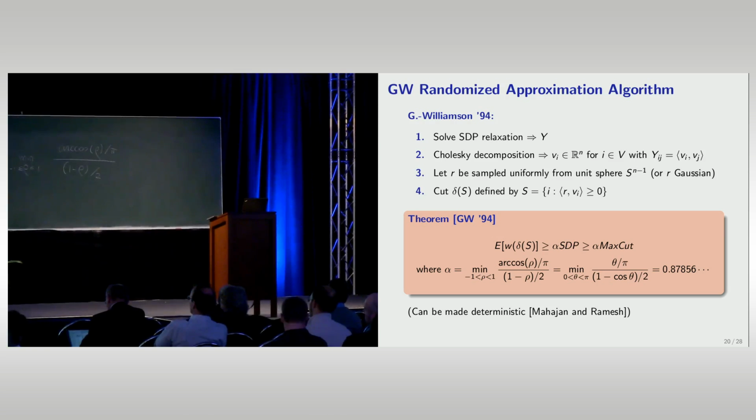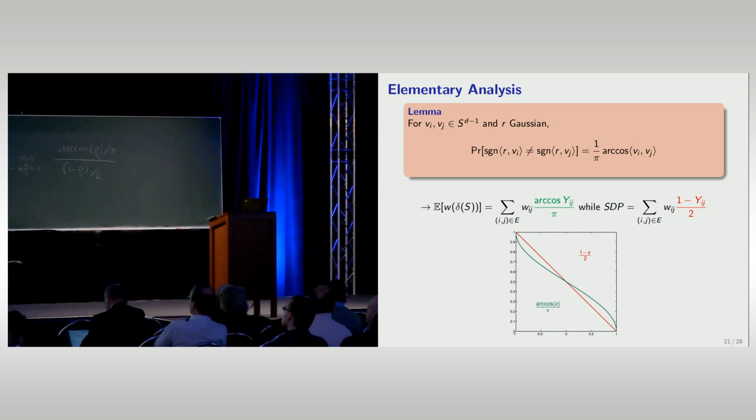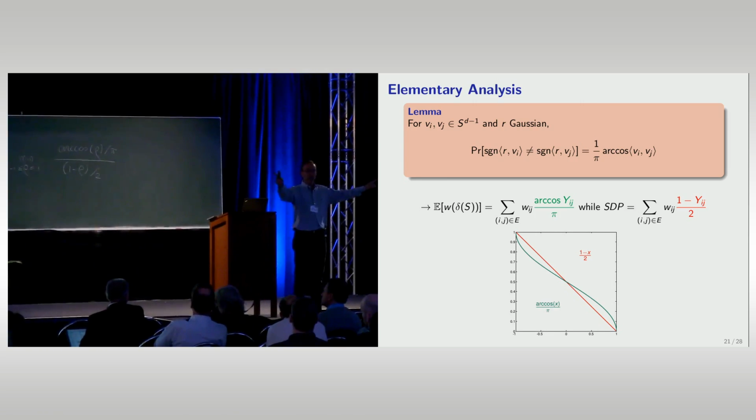Okay? Let me show you the analysis. The analysis is trivial. What's the probability that an edge is part of my random cut? You take the corresponding two vectors, Vi and Vj, you're in n dimensions, you generate a Gaussian, and the question is, what's the probability that the hyperplane normal to it will separate Vi and Vj.